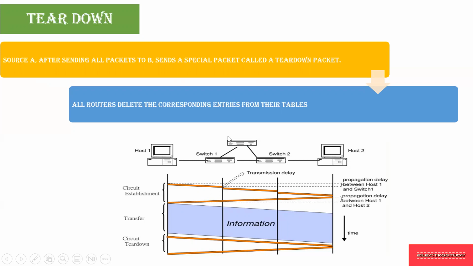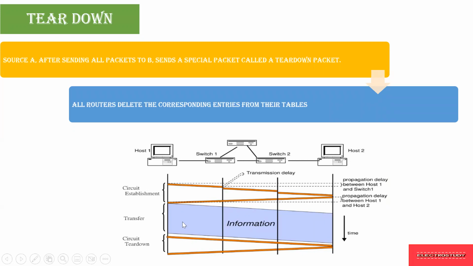See, there is a host. In between the hosts, there are switches to connect. Then first the circuit is established, and there is a transmission happening between host 1 and host 2, and now the delay between the transmissions at different slots is measured, and from this transmission delay you calculate the propagation delay from host 1 to host 2 through different switches.